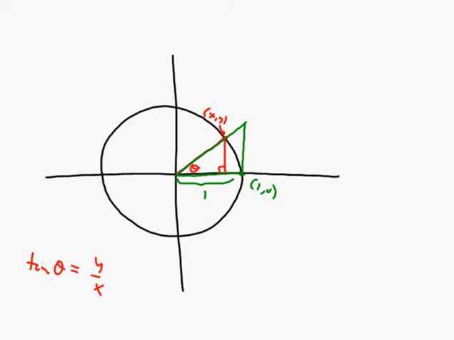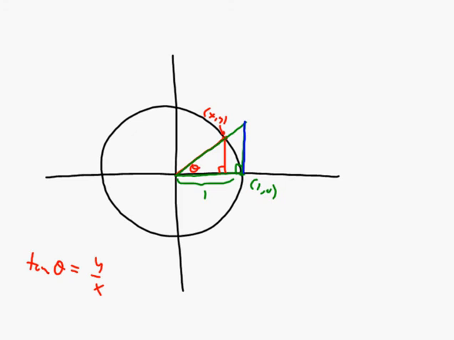Now, if I highlight this line segment out here, I'm beginning to feel a little bit better, because that looks like a tangent to a circle, doesn't it? Yes.